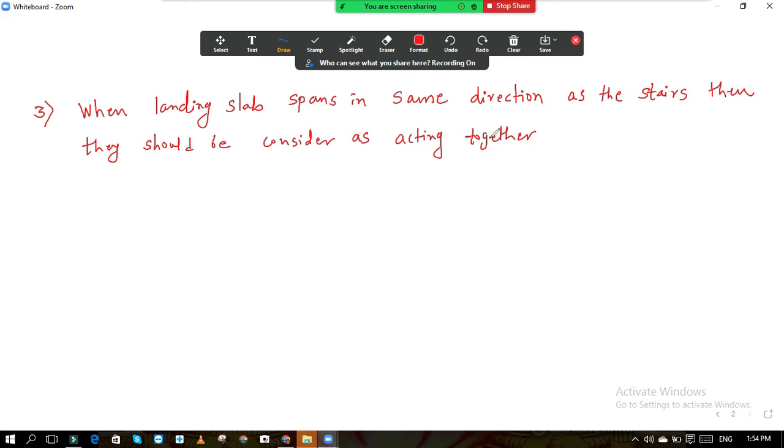Okay, so when the direction of the span of the landing slab and the stair is the same, then we consider that they are acting together, to be considered as a single slab.